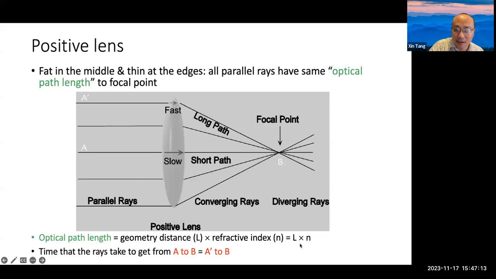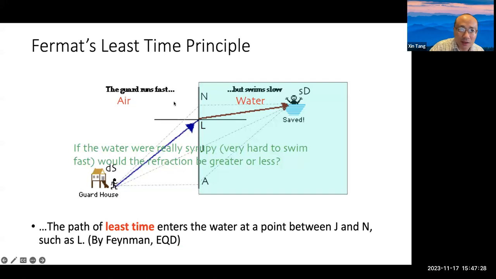Optical path length is equal to the real travel distance of the light times the refractive index of that material. In the next slides, many centuries ago, Feynman developed a principle, Feynman's least time principle, to understand why all the light that goes through the lens will focus on one point.